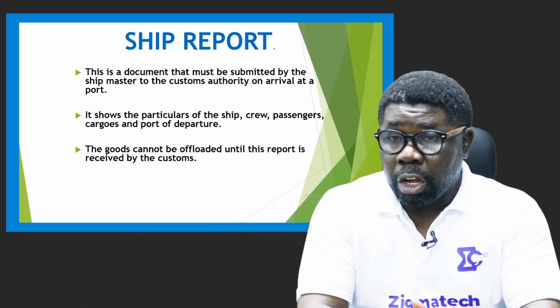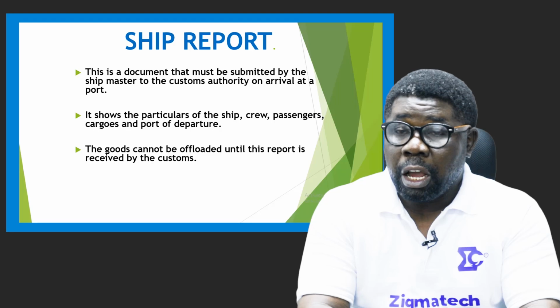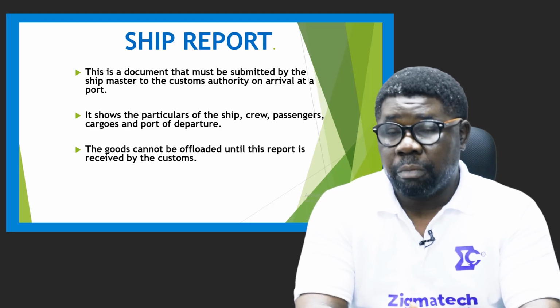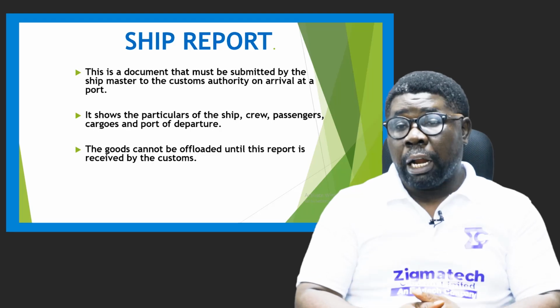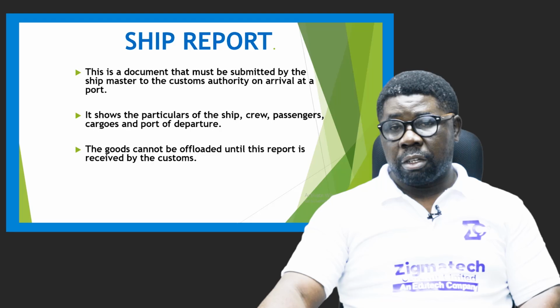Okay, it can just dock and nothing will happen to the goods until the customs have this ship report and verify that it's intact and nothing bad has gone through it. So once they validate this document and verify it, you can now begin to clear the goods off the ship, right? So that's what the ship report represents.